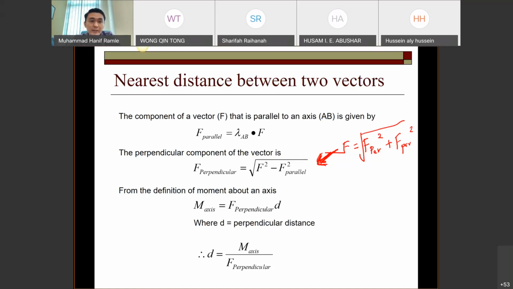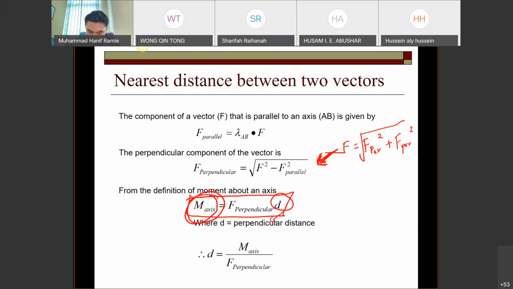From 2D moment, M equal to FD, so F should be perpendicular because we want to find the perpendicular D. So we have M axis equal to F perpendicular times D perpendicular.